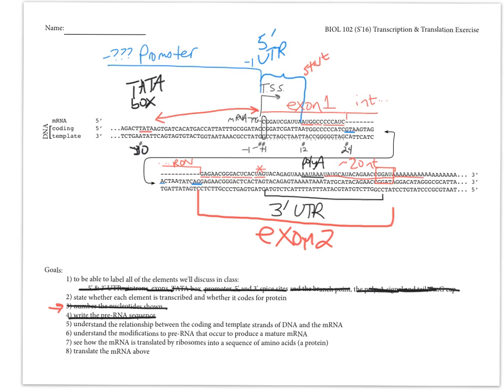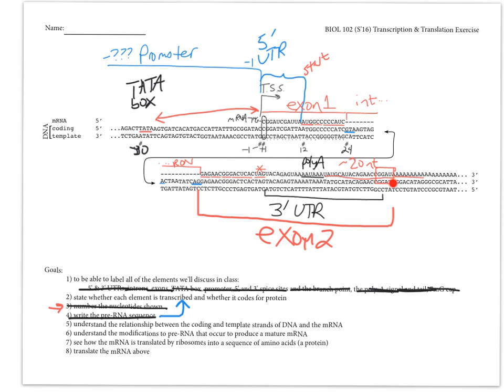Right. So everything that's part of the pre-RNA, that's the answer to question 4, was something that was transcribed. Oh, okay. Yep. So the answer to question 4 basically is the answer to the first part of question 2, what's transcribed. So again, that's everything from the +1 nucleotide all the way through any introns and up until you see the poly A tail start.